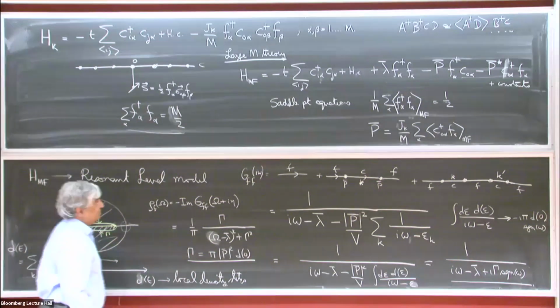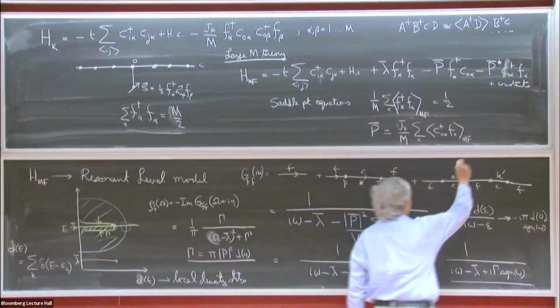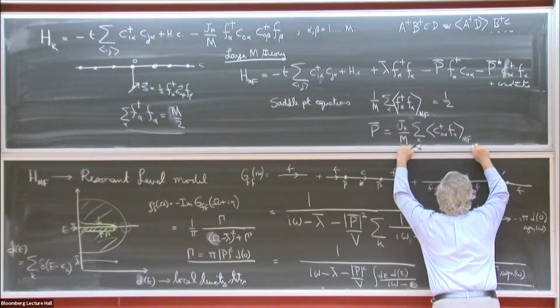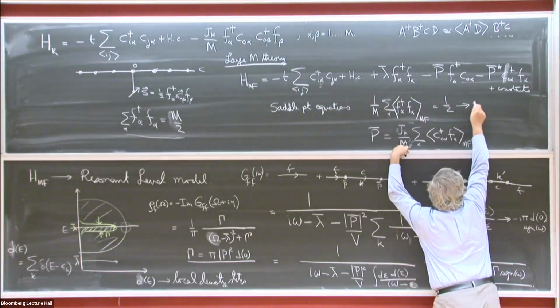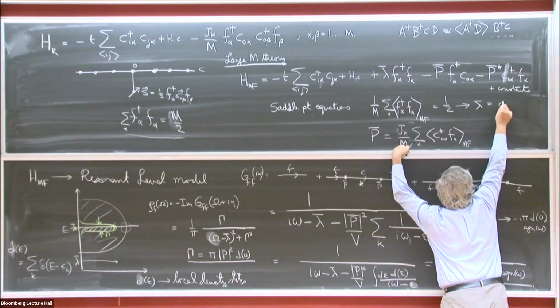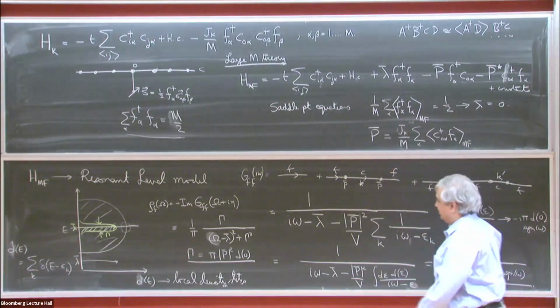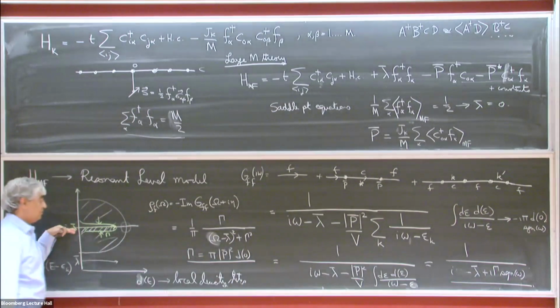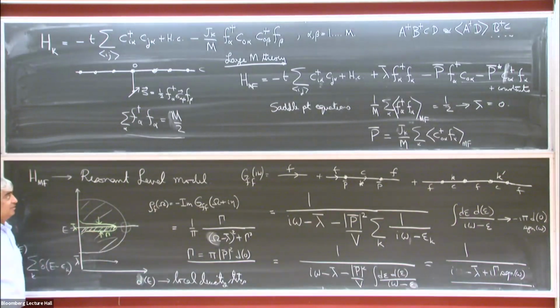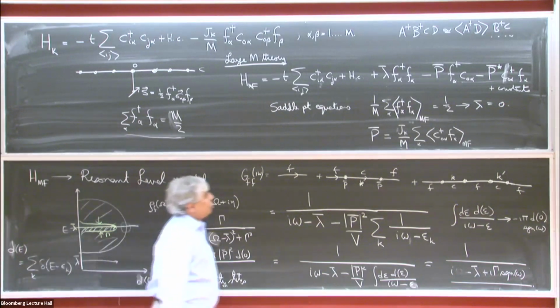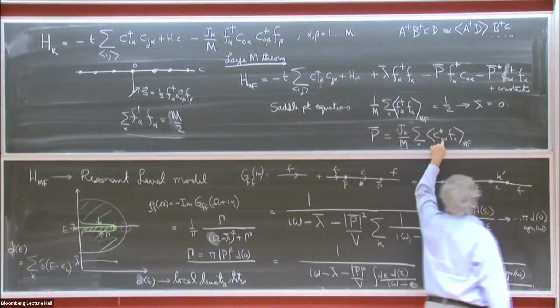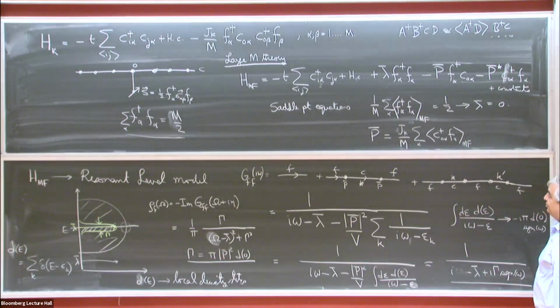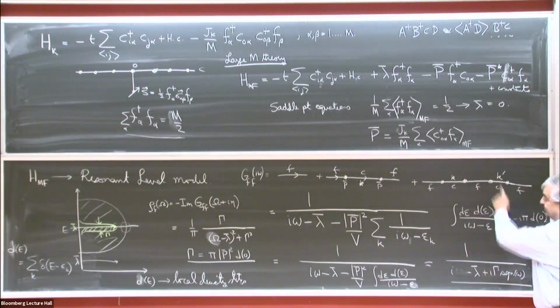And so this equation right away tells us that lambda bar equals 0. That's the solution to that equation, because at the center of the Lorentzian, exactly half the states are occupied. Okay. So the next trick is to then figure out the solution of the other equation, P bar equals this.